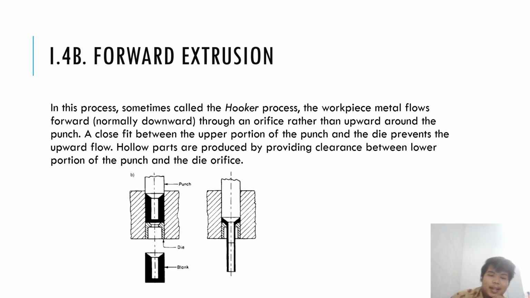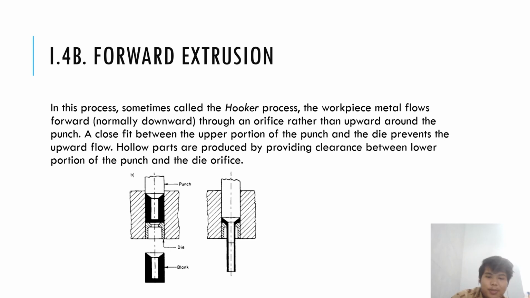Forward extrusion. In this process, sometimes called the Hooker process, the workpiece metal flows forward, or normally downward, through an orifice rather than upward around the punch. A close fit between the upper portion of the punch and the die prevents the upward flow.